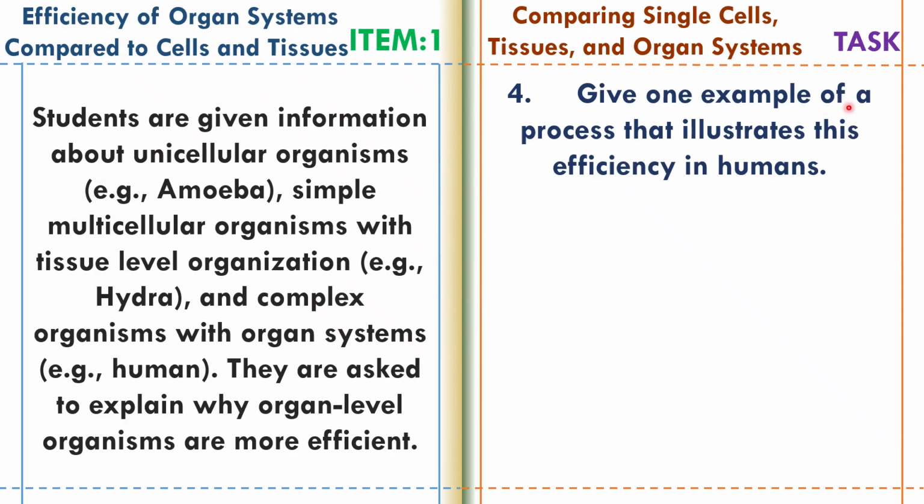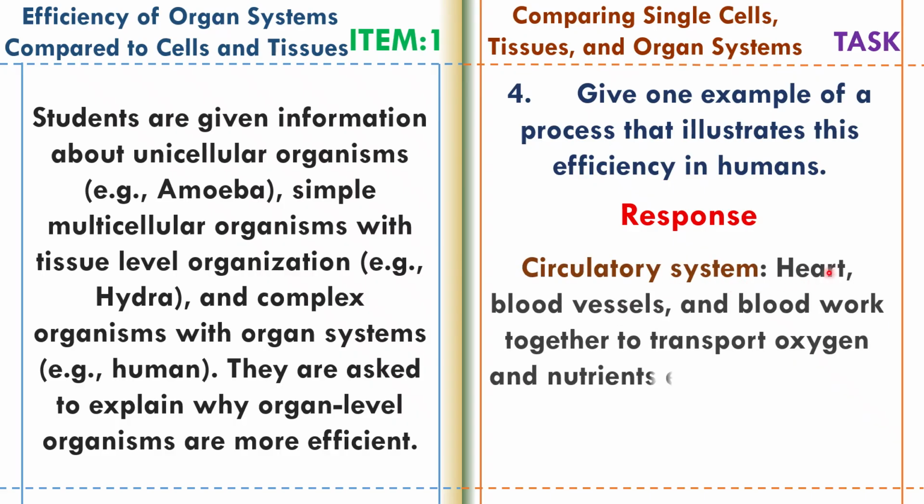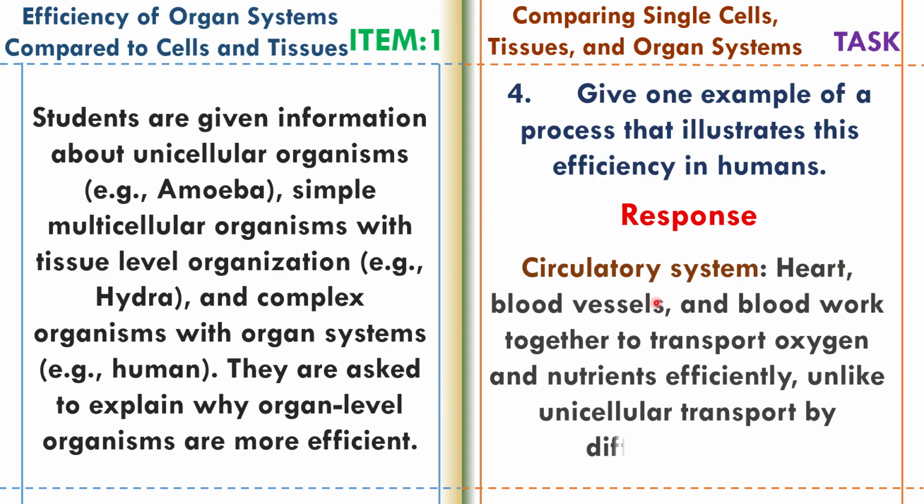Give one example of a process that illustrates this efficiency in humans. Circulatory system: heart, blood vessels, and blood work together to transport oxygen and nutrients efficiently, unlike unicellular transport by diffusion alone.